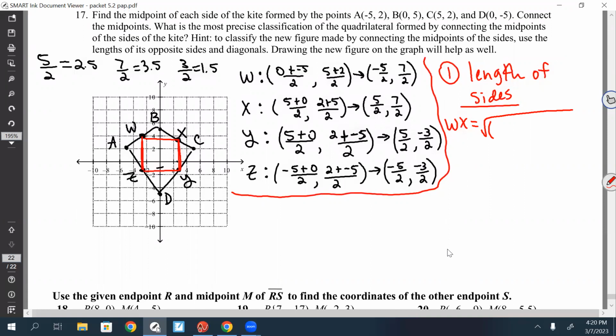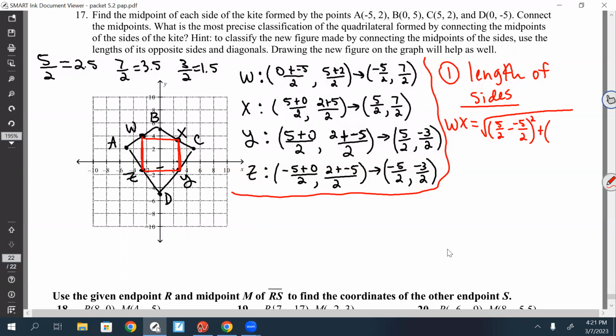So WX, X is going to be my point 2, so that's going to be my X2, Y2. W is going to be my X1, Y1 as I'm plugging in here. So for X, the X coordinate is 5/2. Minus, now I've got to go get the X coordinate from W, so it's -5/2. Close parentheses, square that, plus, now do the same process for the Y values.